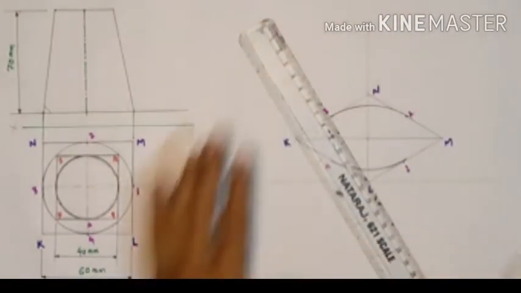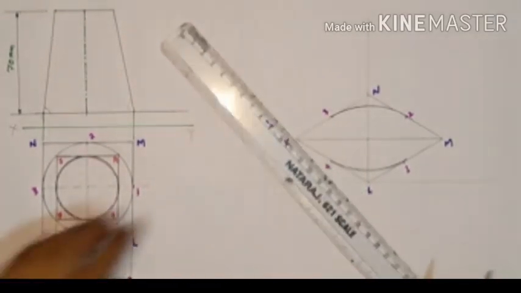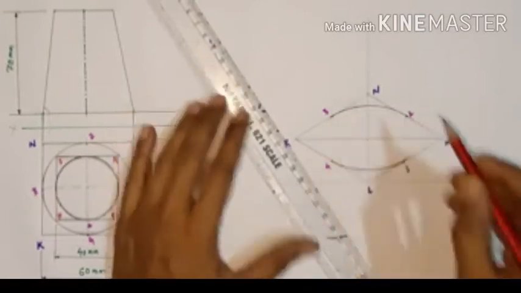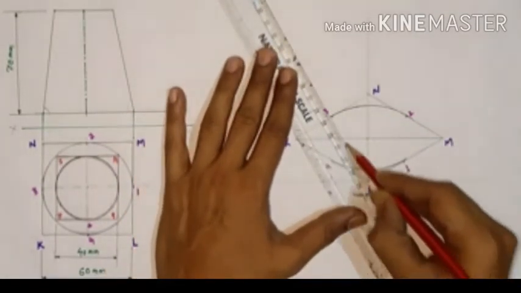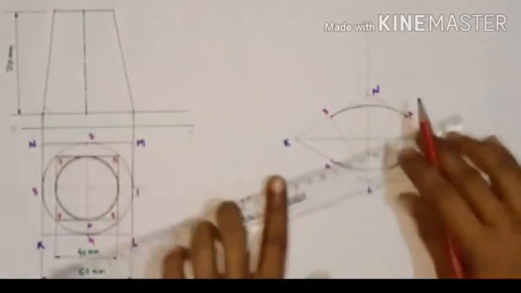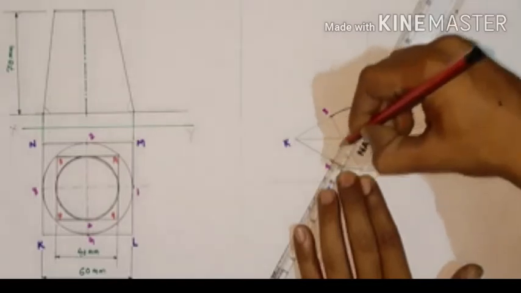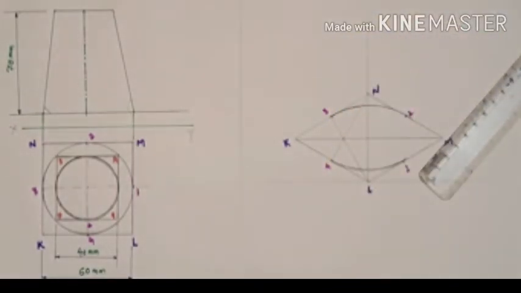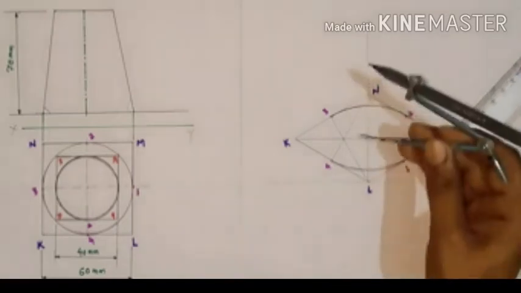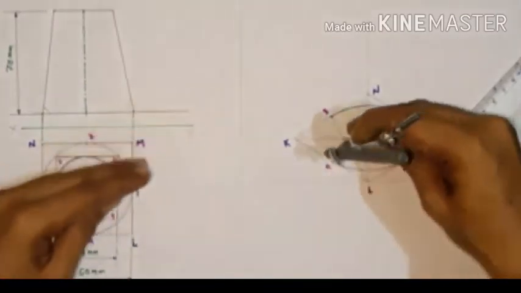Firstly, from point number 3 we need to join L, and now from N join with 4 like this, and they cut at the same point. From here again we take it as a center, and now joining 3 and 4. Okay, like this.